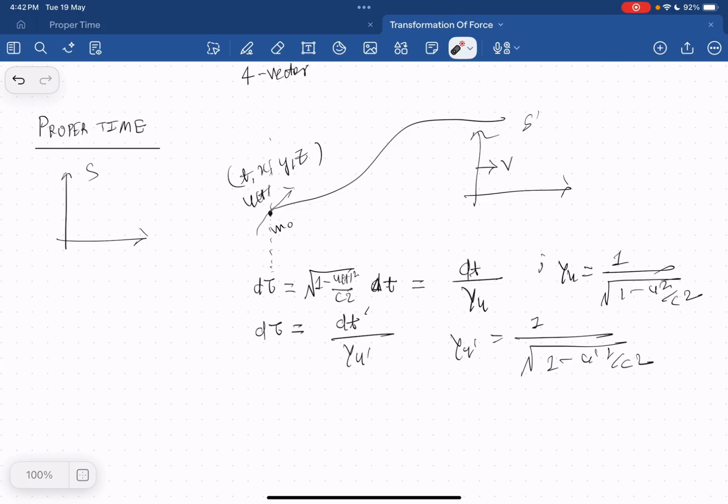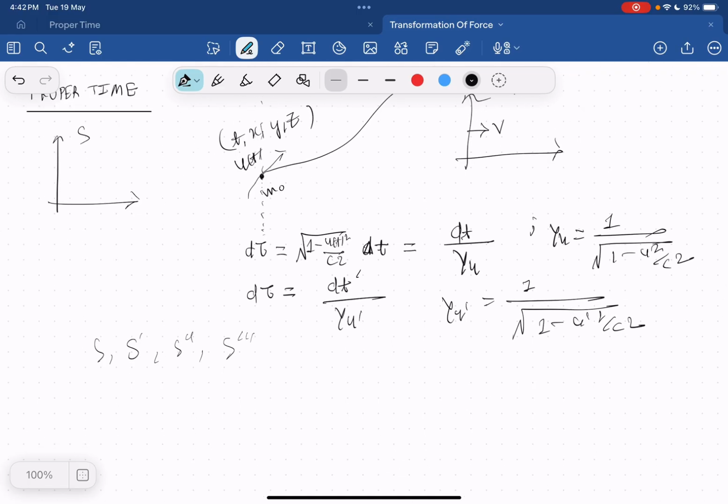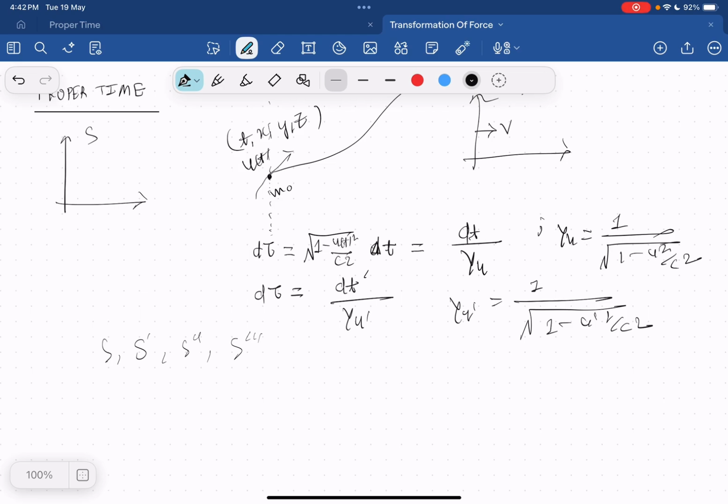So like that we can take a series of reference frames S prime, S double prime, S triple prime, and at a particular point on the particle's trajectory we can write the infinitesimal proper time interval differential for each reference frame.